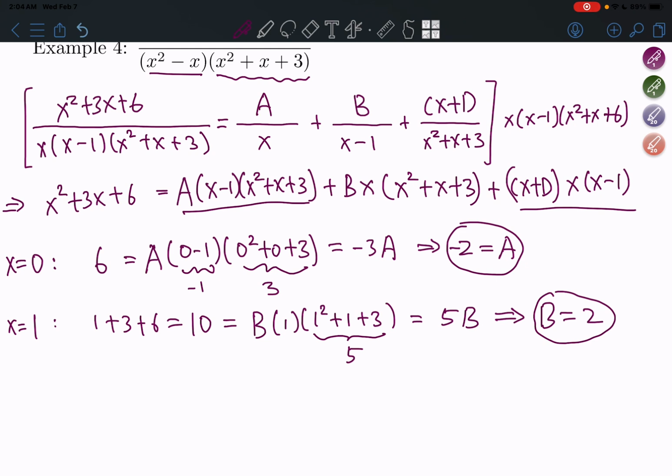I don't need all of it though, because I already have the solution for A and B. I just need things that involve C and D. Okay, that might not be so obvious, but if you just think about multiplying the last term, let me write this out. Last term was cx plus d times x minus 1, times x minus 1.